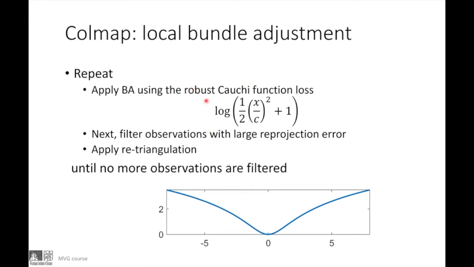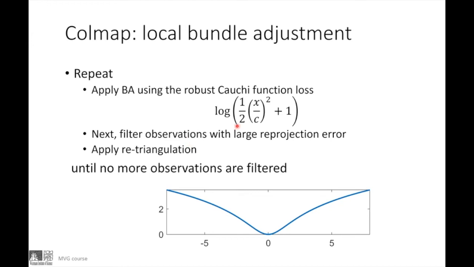This is the function. Here you have the L2 norm. The x represents the distance between the prediction of a point and its actual projection. But you take the log of this, and this is how this function looks. You can see that it's close to a parabola near 0, but it becomes logarithmic as you go away from 0.